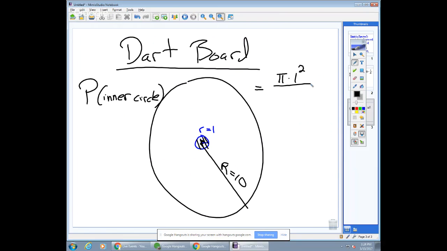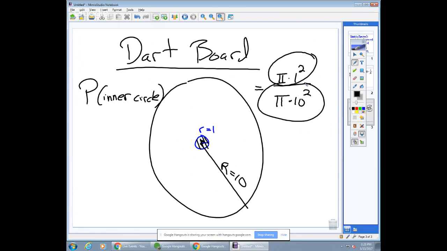Like I'm not a good shot, but I can't always hit the board. How big is my board here? Pi times the radius squared again. So my area is favorable events, the inner circle, divided by the sample space, which is the whole dartboard. So same idea applies, it's just a different way of calculating because I can't count.